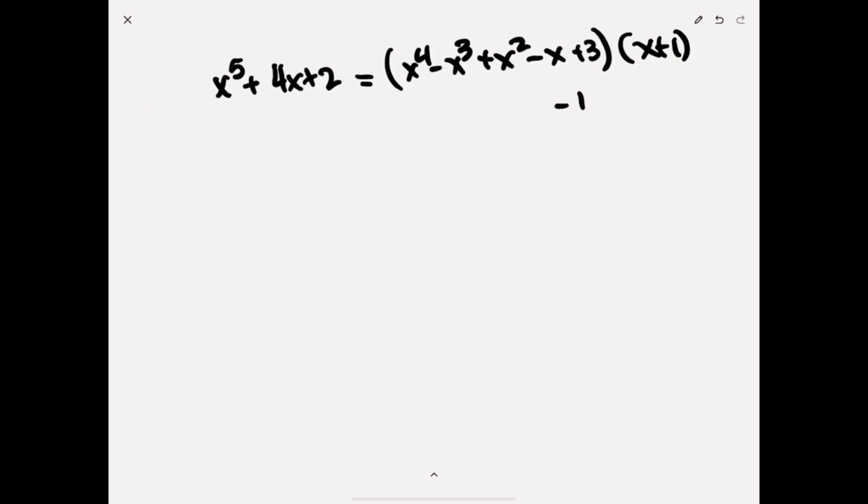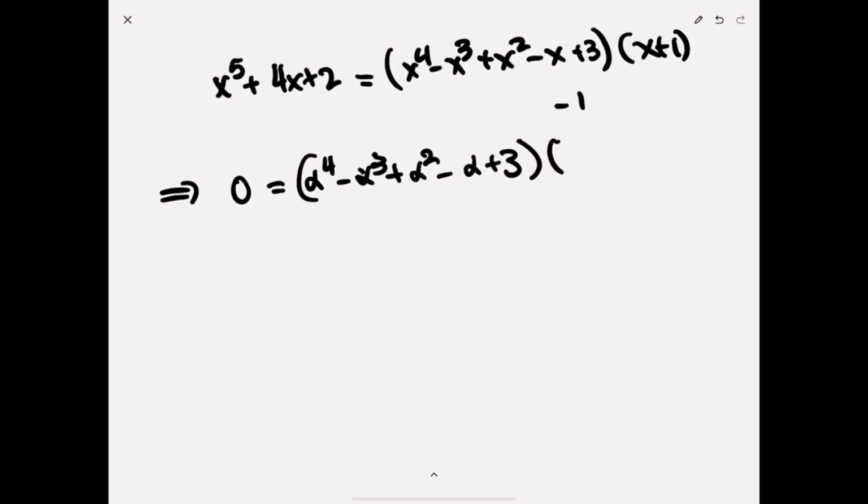And then we had a remainder of minus 1. So this is what we had. This implies that 0 is equal to, let's write it in terms of alphas, alpha cubed plus alpha squared minus alpha plus 3, then alpha plus 1, minus 1. And so this tells us that 1 is equal to these two things.